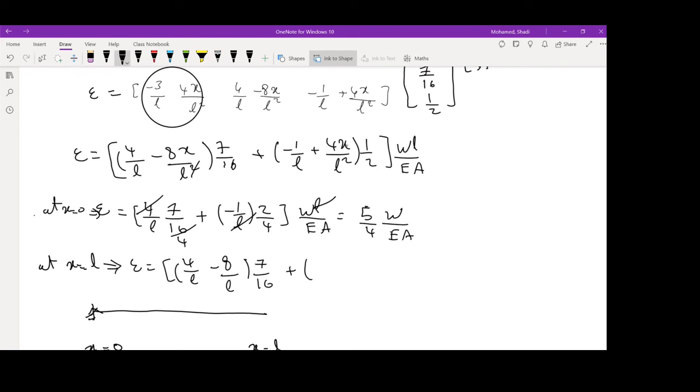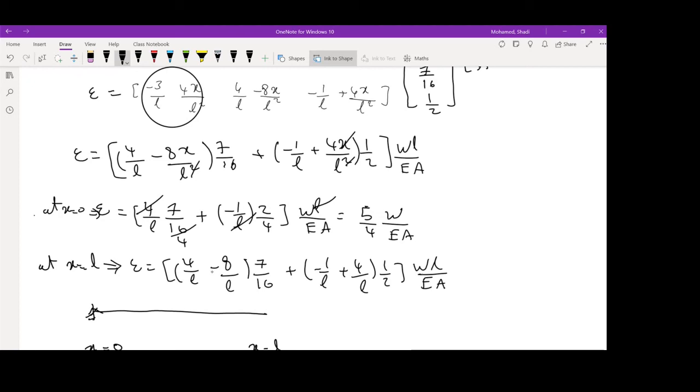X is replaced with L. The L will go away with the square, so it's going to leave me with minus 1 over L plus 4 over L multiplied by half. And then the whole thing is multiplied by WL over EA.